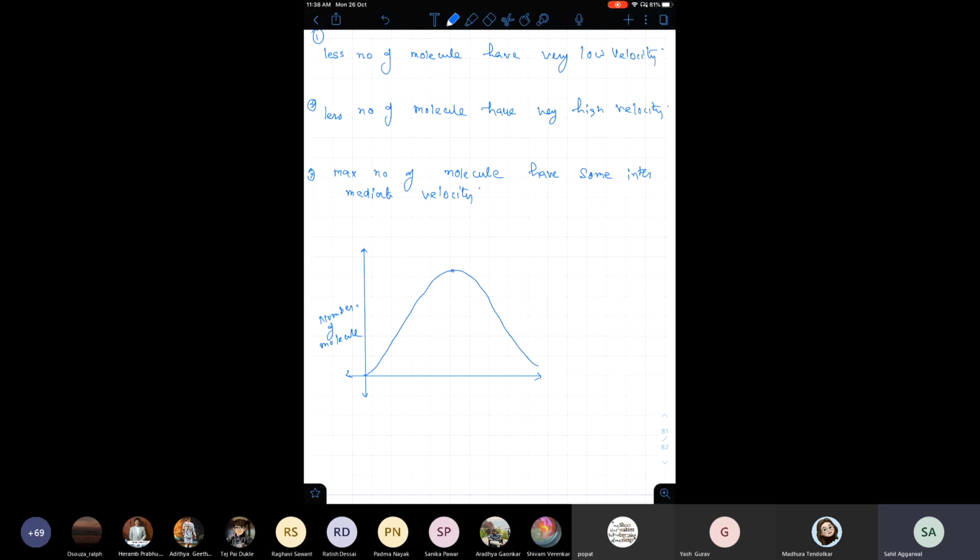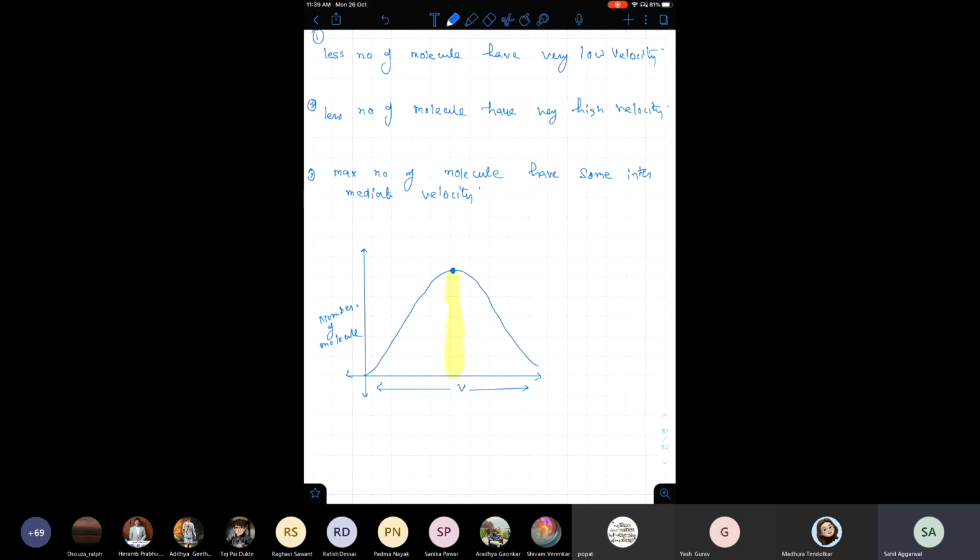Now, this is the maximum number of molecules, and they are having some particular velocity. उस velocity को क्या बोलेंगे? What do we say that velocity?